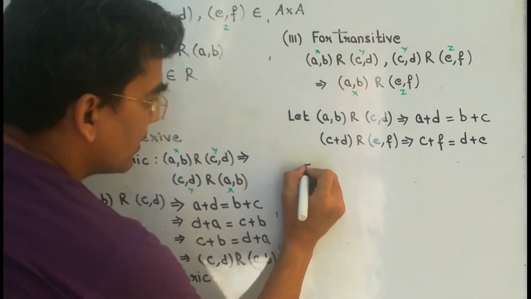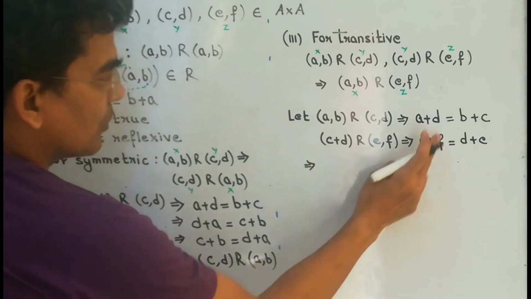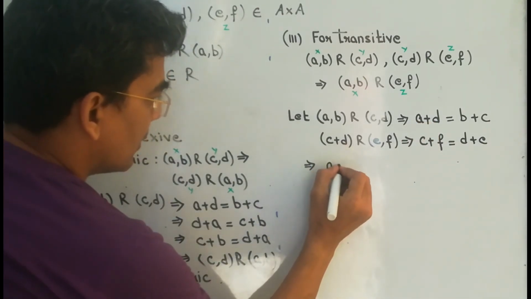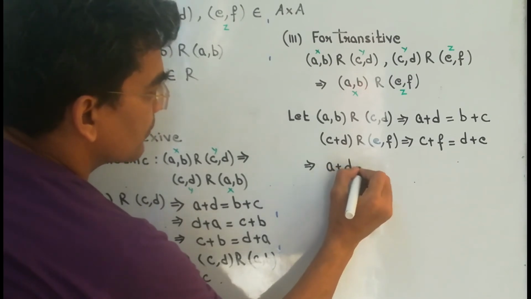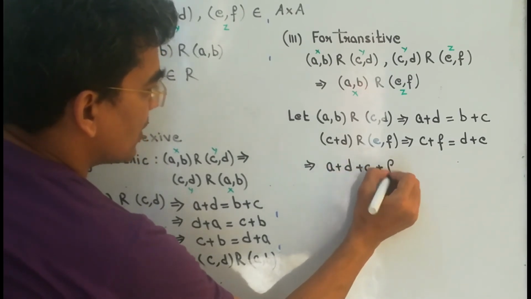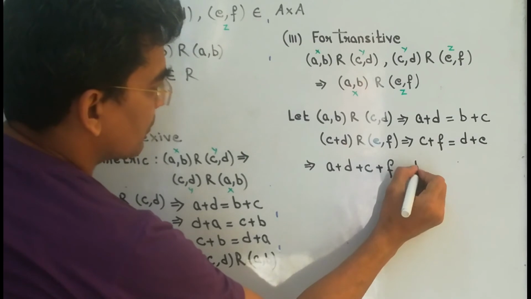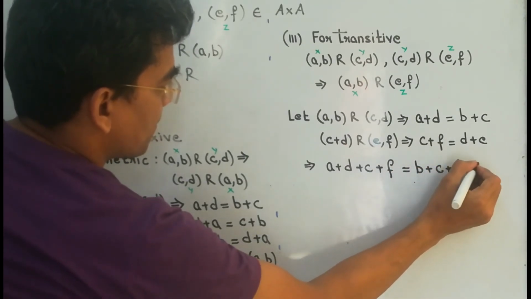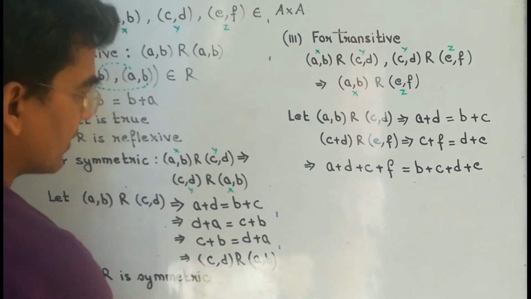So if you add these two, on the left side you get a plus d plus c plus f is equal to the right side.